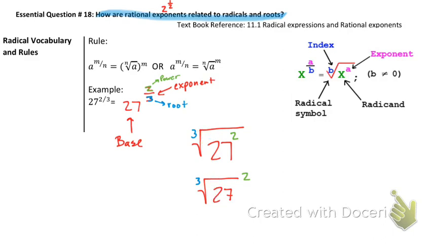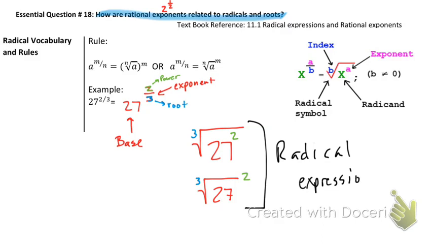They mean the same exact thing. So that's how we convert a rational exponent, an exponent that's a fraction, into a radical expression. These here are considered radical expressions.